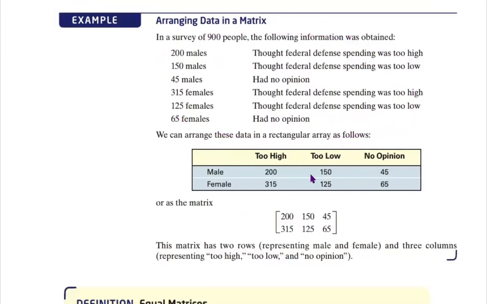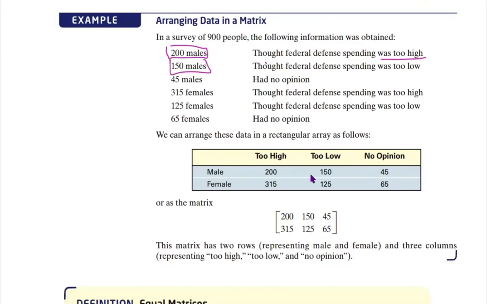Say, for example, you have a survey of 900 people, and we have the following information to put in a table, right? There are 200 males who thought federal defense spending was too high.